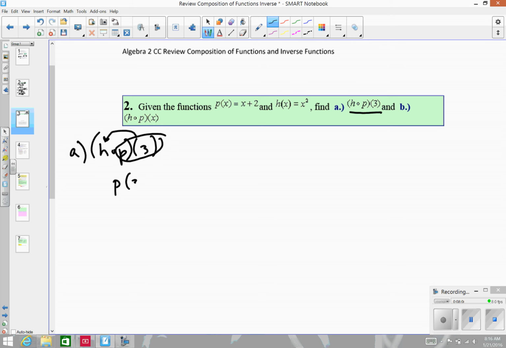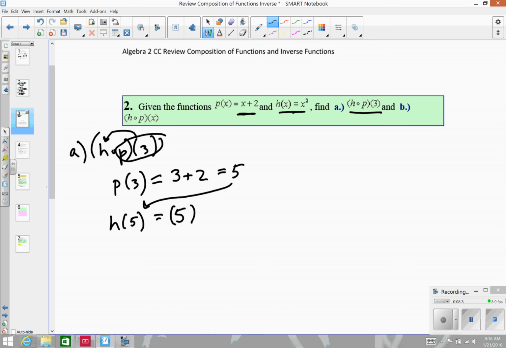So p of 3, if I put in 3 for x, using my x plus 2 function, 3 for x plus my 2 gives me 5. Then I want to take that 5 and put it in my h function and find h of 5. H of x is just x squared, so I'm going to replace my x with 5, square that, and I get 25. This was using method 2 from the previous example.